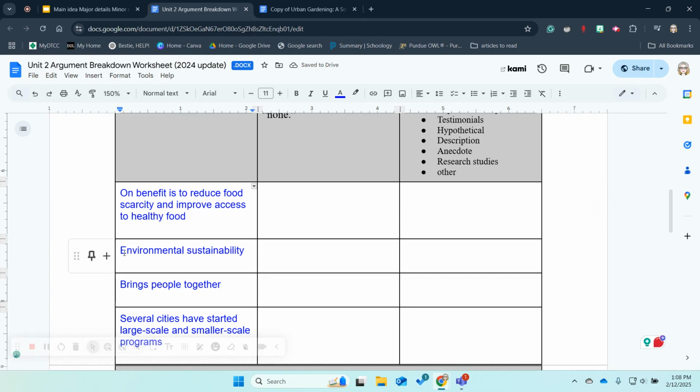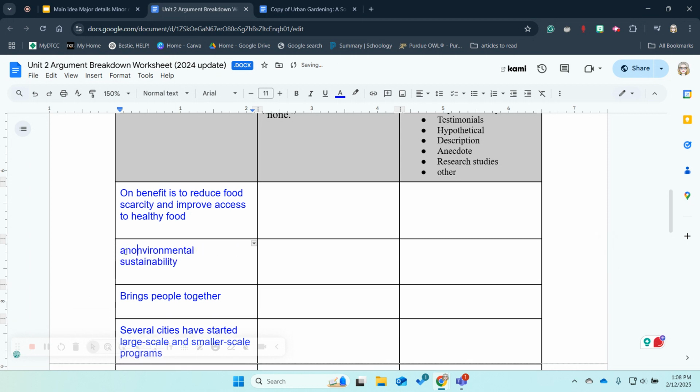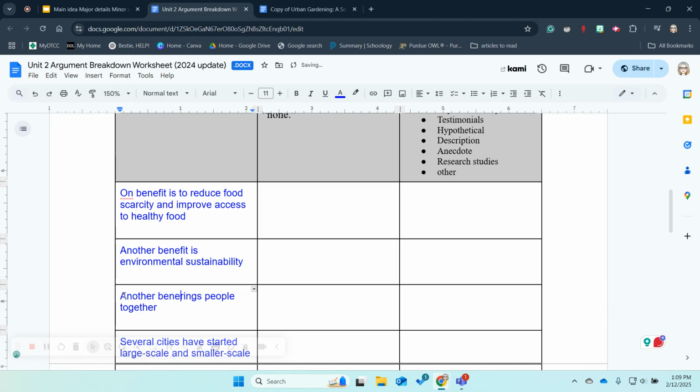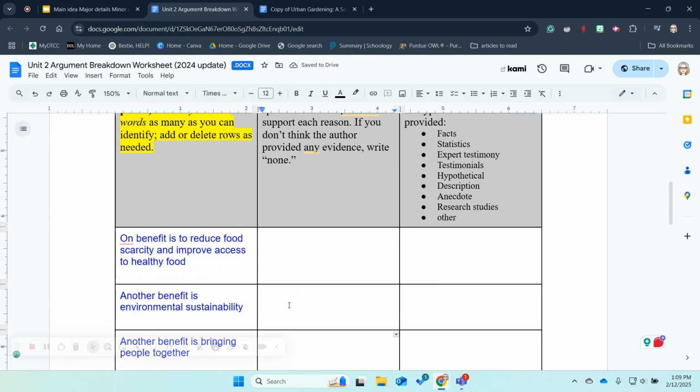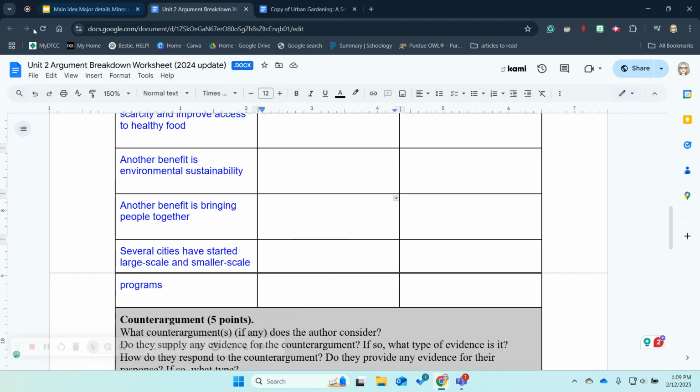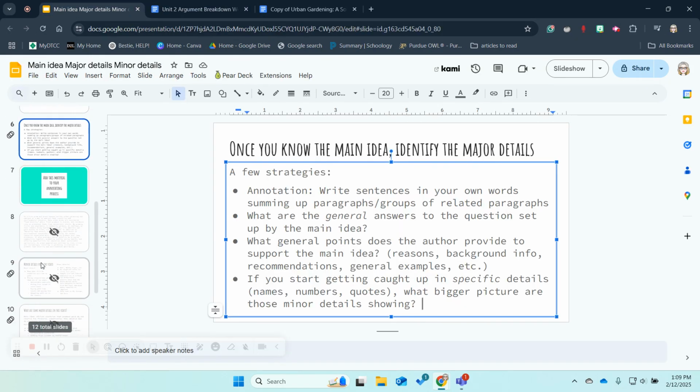Another benefit is environmental sustainability. Another benefit is bringing people together. Okay? Make sense?